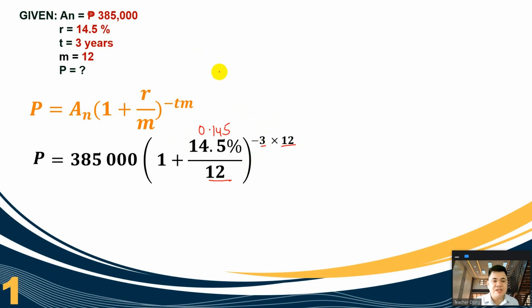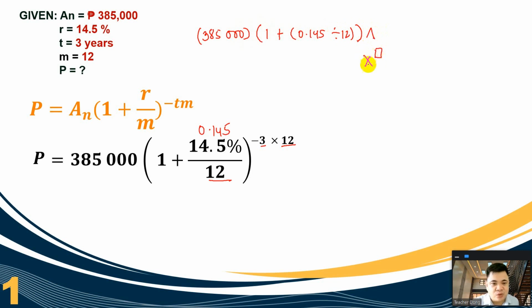To easily solve this using your calculator, just follow my instruction. Use the grouping symbols. 385,000, close parenthesis. Open parenthesis 1 plus, open parenthesis again, 0.145 divided by 12, close, and then raised to the power. You will see this symbol, which means exponent, or x raised to this power.